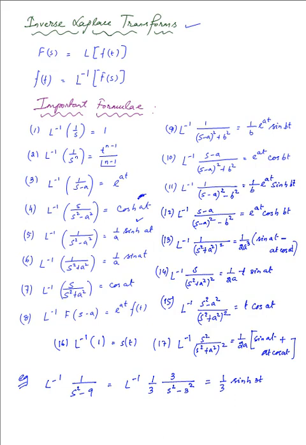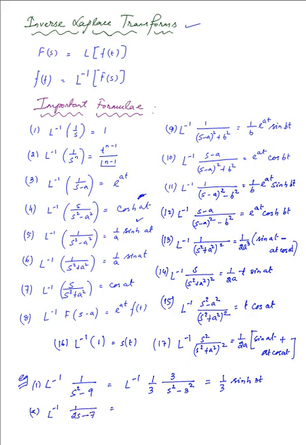Next we can take up the case of the Laplace inverse. So this was the first one that we attempted. Let us choose to obtain the Laplace inverse transform of 1 over 2s minus 7.